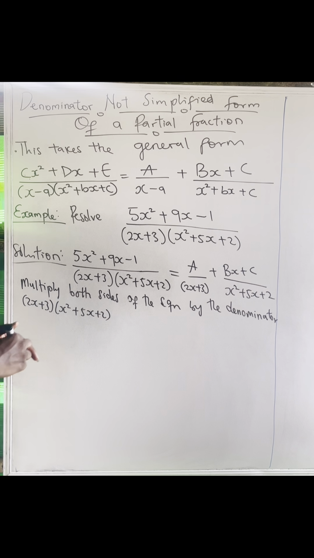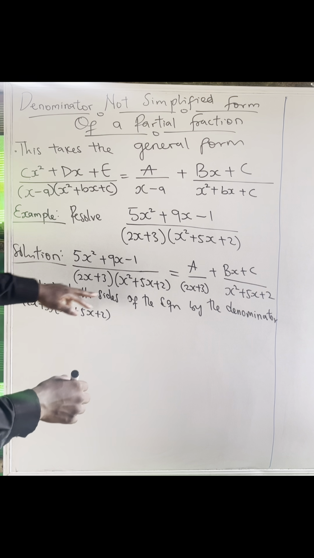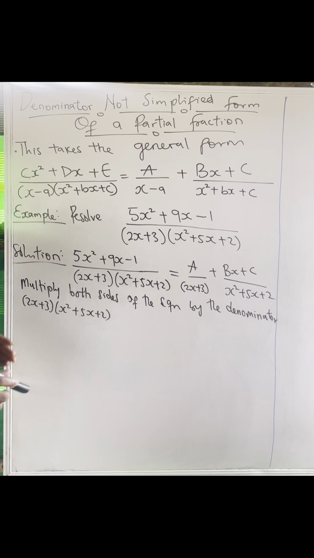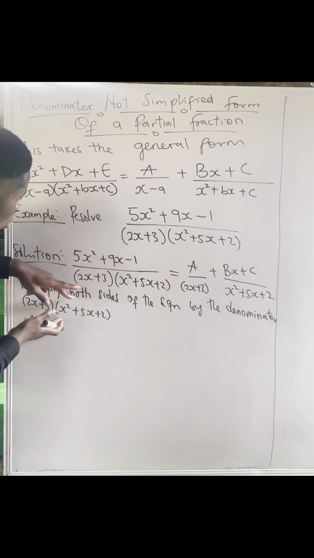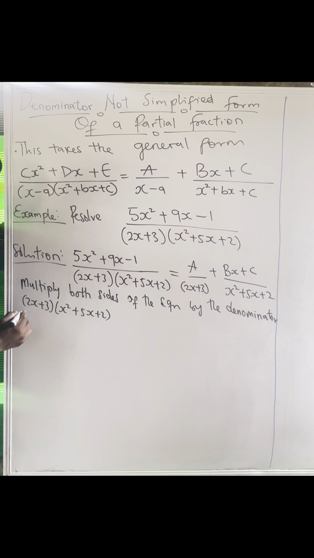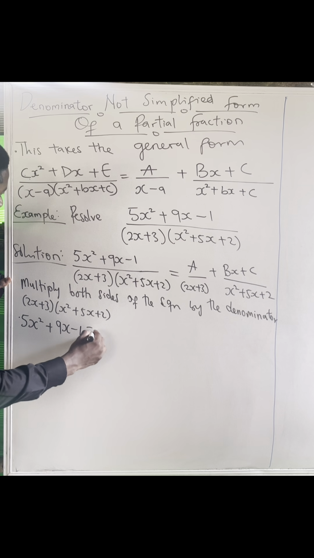So I'm going to multiply both sides of this equation by this denominator that is here. So guys, if I should multiply the left side by this denominator, this is going to remain 5x squared plus 9x minus 1.